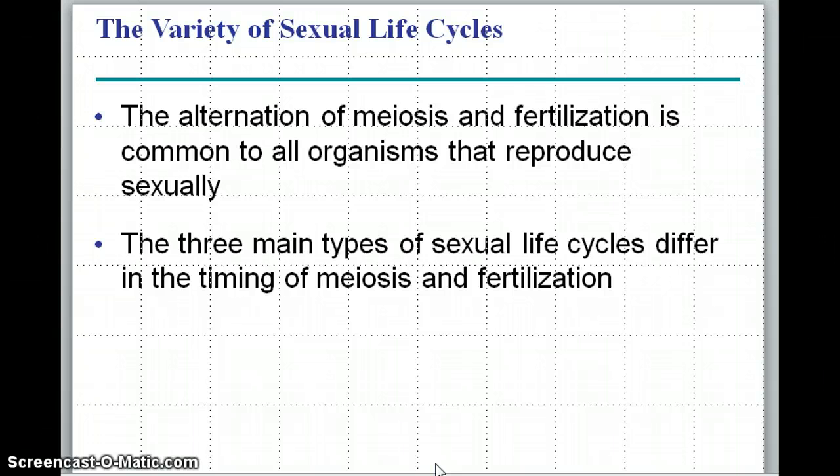The most important thing here is maintaining this constant number of chromosomes in whatever organism it is, human, fruit fly, doesn't matter, from one generation to the next. Okay?